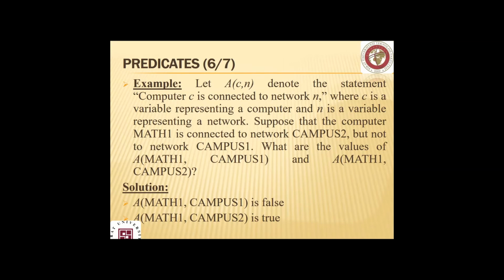Suppose that the computer math1 is connected to network campus 2, but not to network campus 1. What are the values of A(math1, campus 1)? Well, it is not connected to campus 1, so this is false. And A(math1, campus 2) is directly connected to campus 2. This is true based on these assertions.